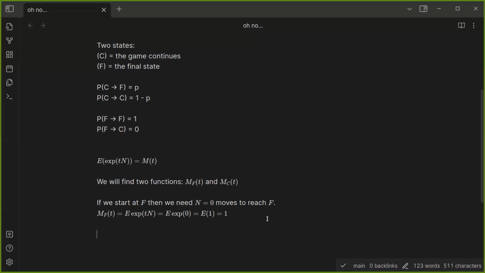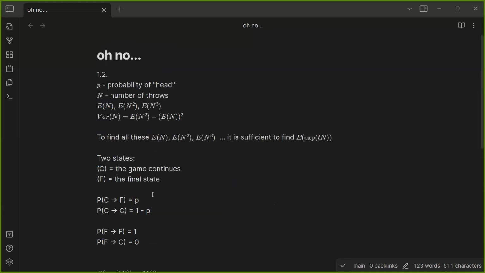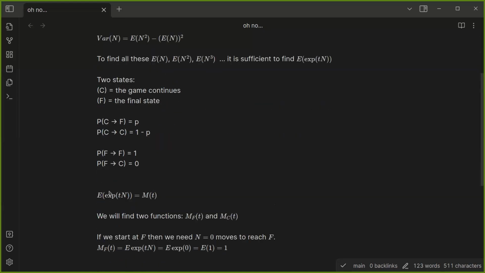What is m? M is a function we are searching for. M of t is a function that will help us to find this value. Recording in progress.